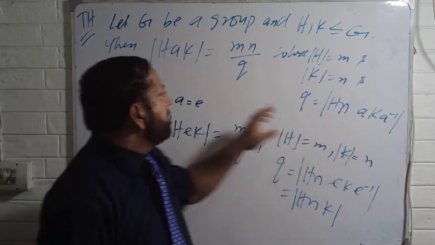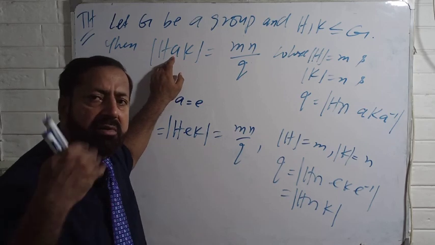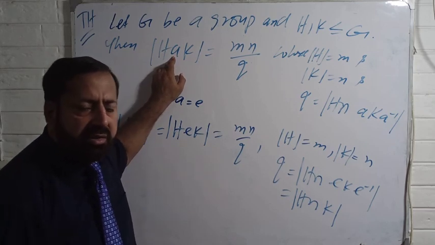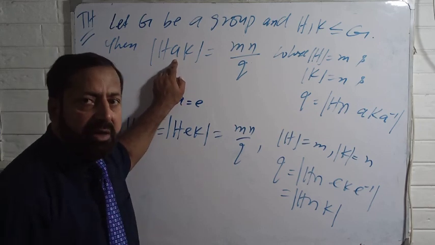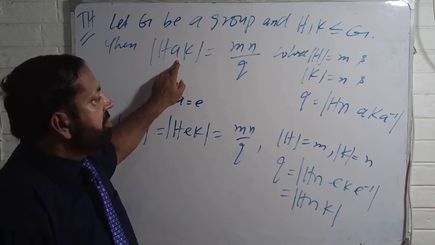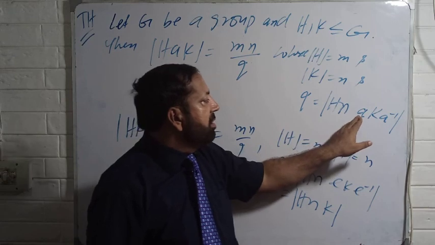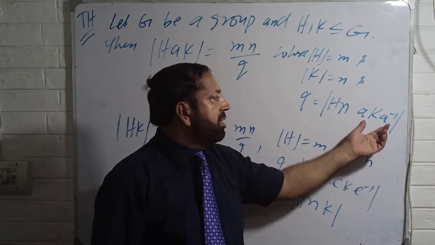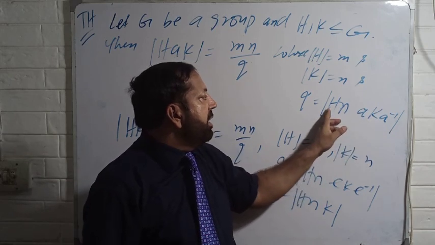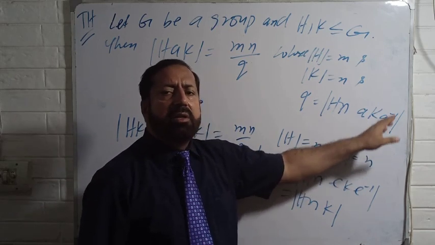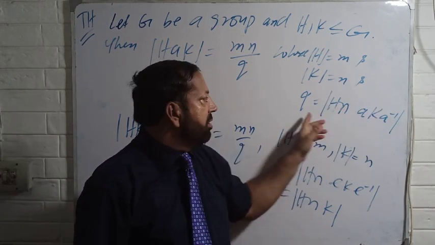So this A is the same as you are using for your double coset representation modulo H, K determined by A belong to G. So what is the idea? You take A K A inverse, find the conjugate subgroup to your given group K, and then find H intersection A K A inverse, then find its order. This is Q.